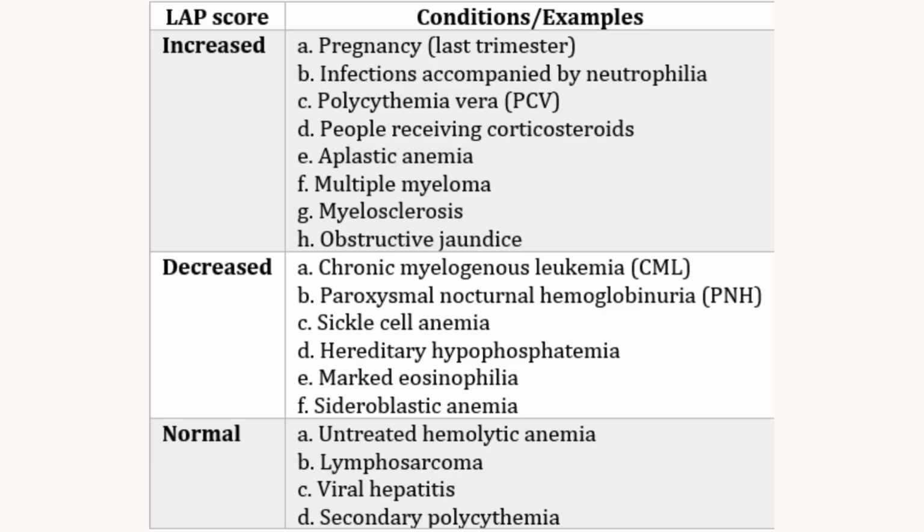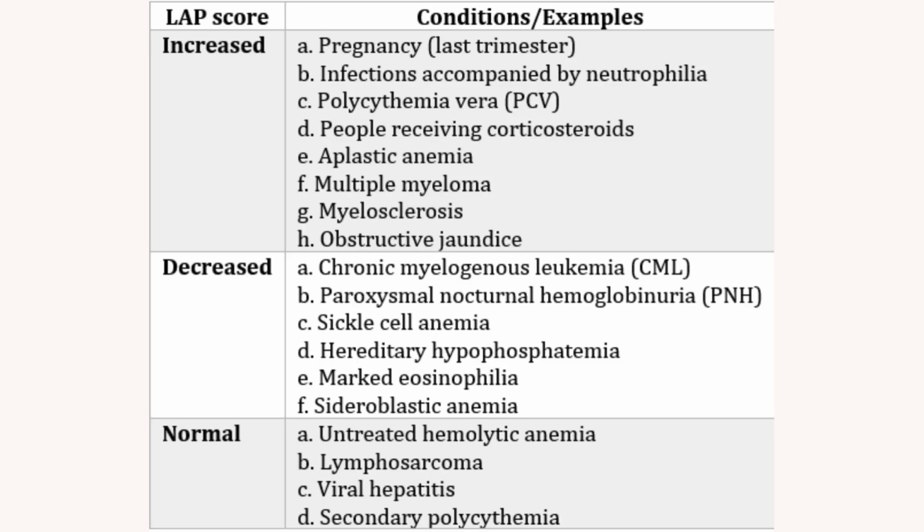So, if the LAP score is increased, this can be found in the following conditions: pregnancy, infections accompanied by neutrophilia, polycythemia vera, people receiving corticosteroids, aplastic anemia, multiple myeloma, myelosclerosis, obstructive jaundice.